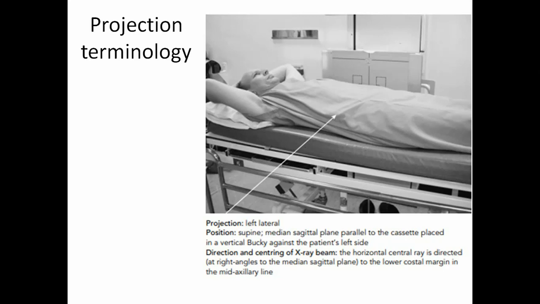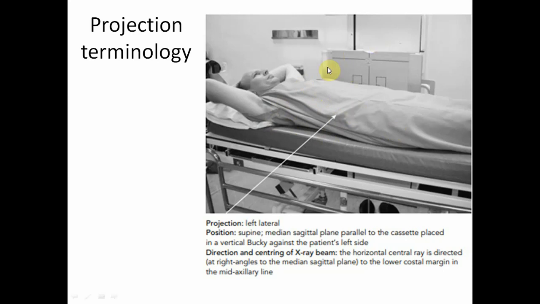Now for example, the patient comes for a chest radiograph. With the patient lying down you can take an AP view, no problem. But you want to take a lateral view of the chest also, so you can take a left lateral. The patient is lying down in supine position. This is also called a dorsal decubitus.